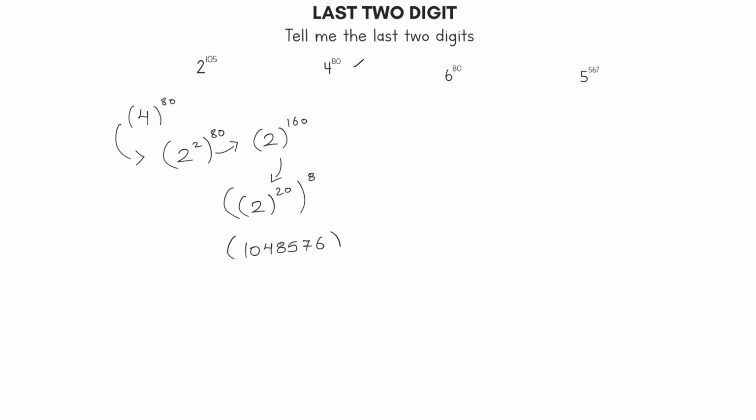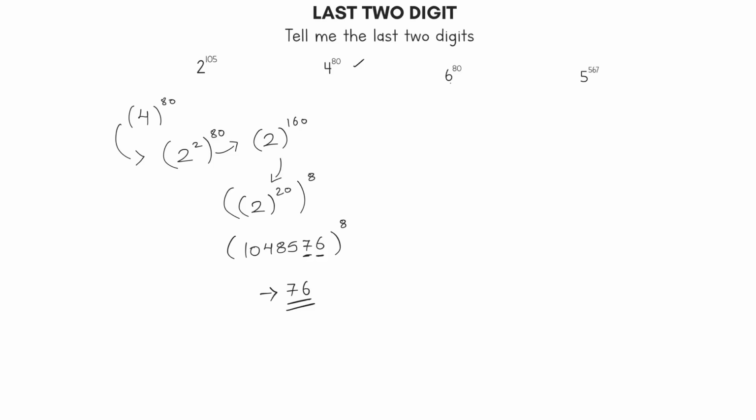But what are the last two digits of that number? 76. So the problem is now reduced to 76 raised to 8. 76 raised to anything, the last two digits will be 76, and that's your final answer. So the last two digits of 4 raised to 80 are 7 and 6.